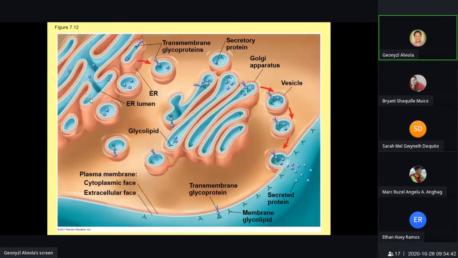So, protein synthesis. So, we have here, mga transmembrane lipids. So, the ER lumen. So, these proteins, kaning small molecules of proteins, actually, they cannot go out directly as a protein.